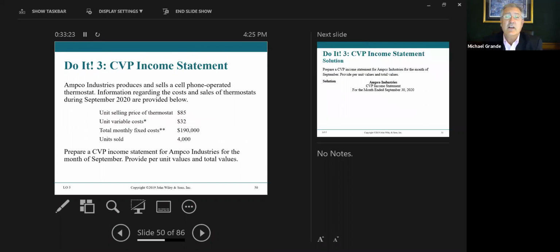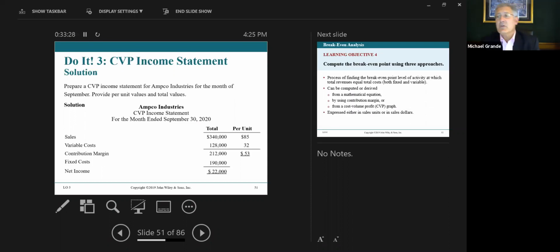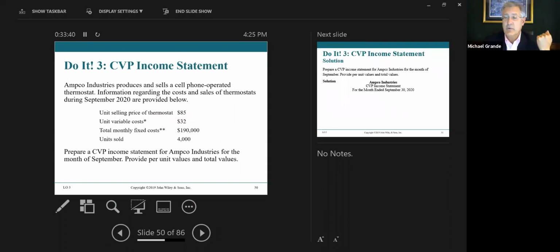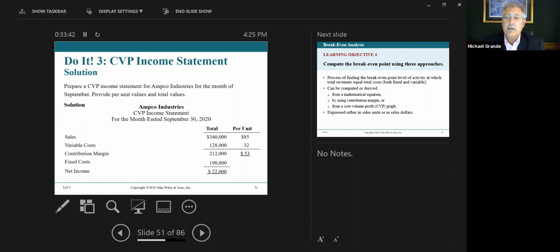They're selling 4,000 units, that's the quantity, times the variable cost per unit of $32, they got $128,000 in variable costs. Therefore, contribution margin is $212,000. The fixed costs, again, given to you at $190,000. Net income, $22,000.